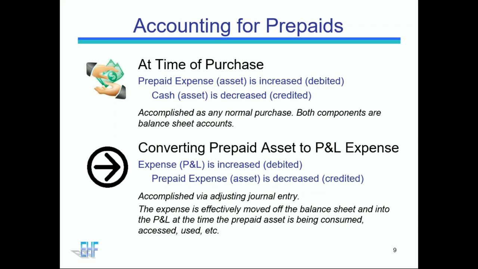When it's time to convert the prepaid asset to an expense on the profit and loss, the expense is increased and the prepaid expense is decreased. This is accomplished via a journal entry. The expense is then effectively moved off the balance sheet and into the P&L at the time the prepaid asset is being consumed or accessed or used, etc.